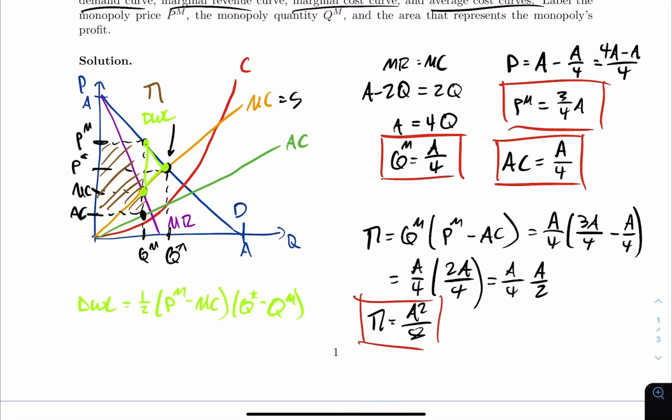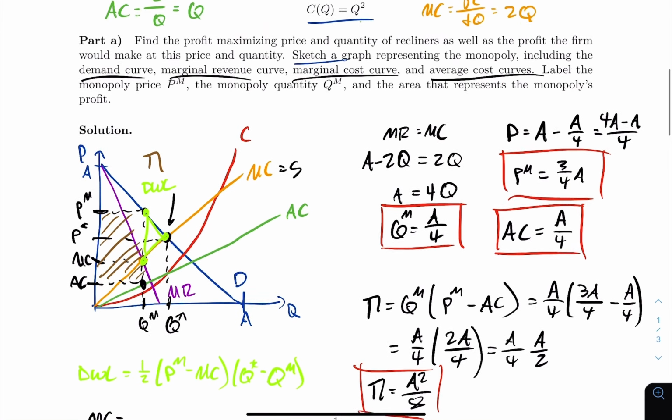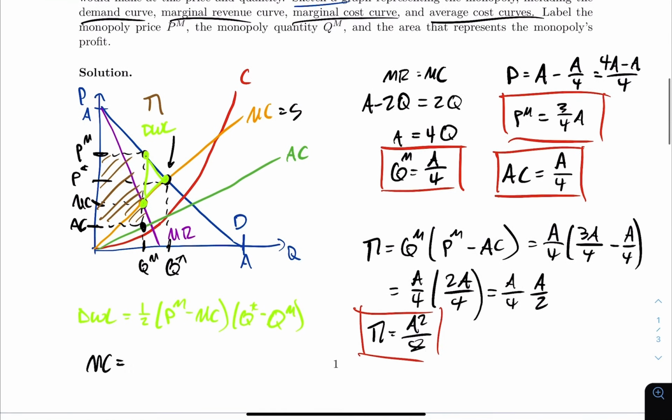I don't believe we've done this yet. So we take our QM and plug it into the marginal cost curve. Our marginal cost curve is 2Q.